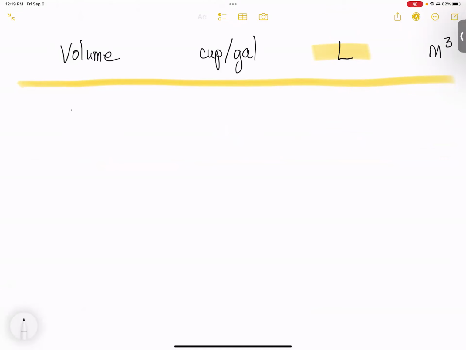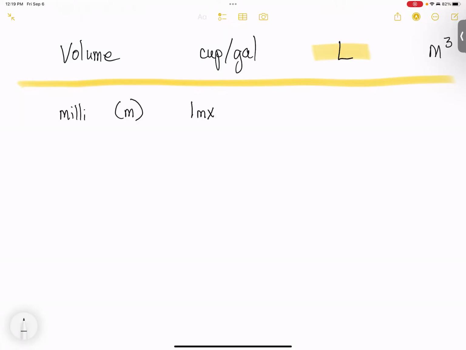The way I have milli set up, M-I-L-L-I, which is a lowercase m. The way I have it set up is that 1 milli of whatever.